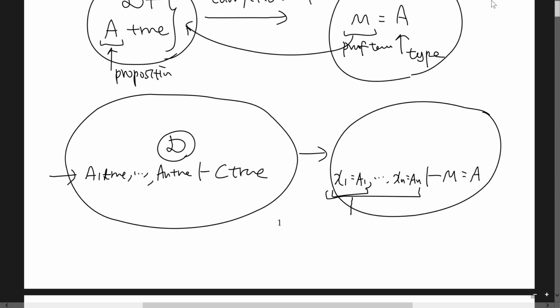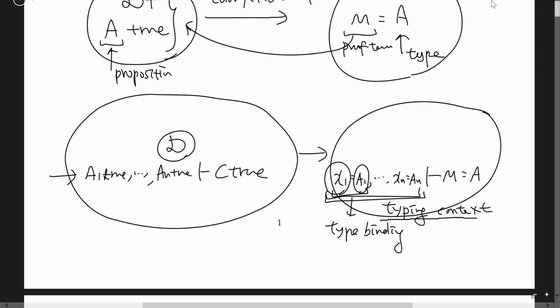And this one is called type binding because variable X1 is bounded to type A1. And this one is called typing context. So typing context is a collection of type bindings. These are type bindings, and their collection is called typing context.